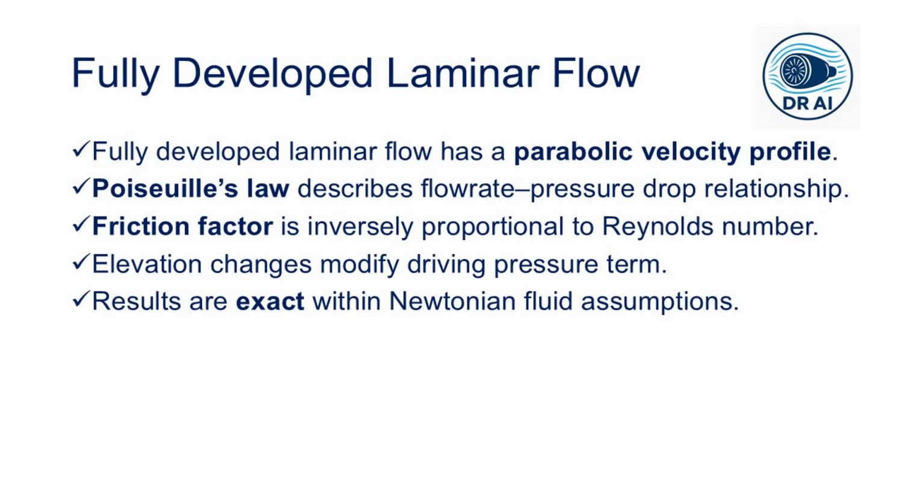From that, we derived Poiseuille's law, which tells us that the flow rate is proportional to the pressure drop and, most importantly, to the fourth power of the diameter. We also expressed this in a compact dimensionless form with the friction factor F equal to 64 over Reynolds number. So this is the complete, exact and beautiful solution.